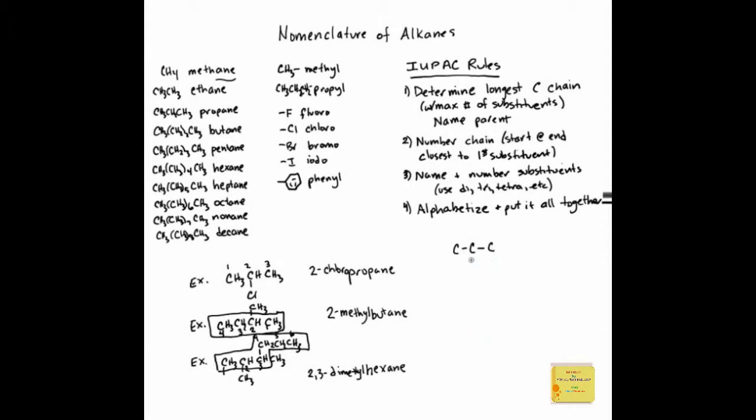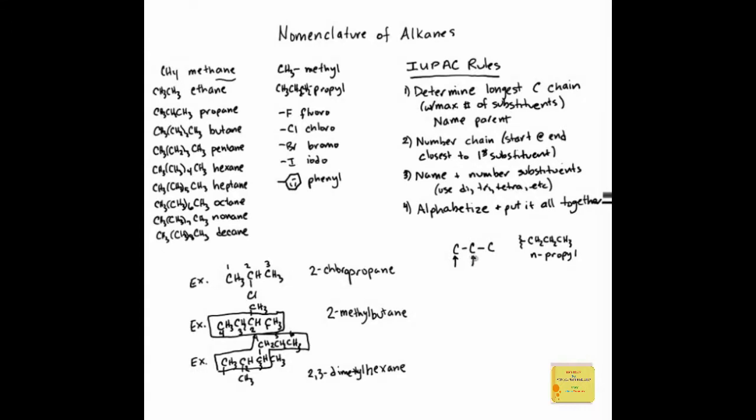You can either attach it from one of the end carbons. So you would end up, if this is your parent, you would have a CH2, CH2, CH3 substituent. We call that a propyl group. And in its common name, it's called an n-propyl just because it's a normal propyl. It's a normal straight chain carbon.